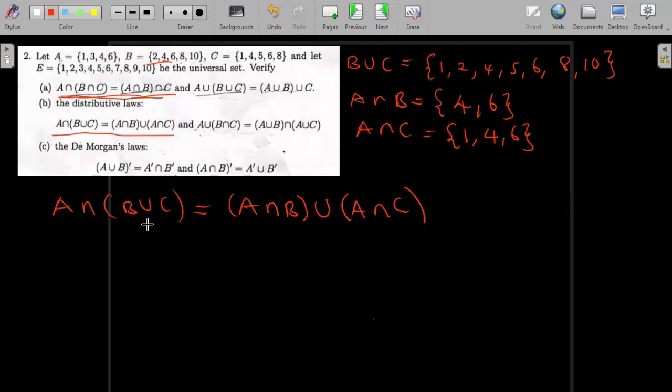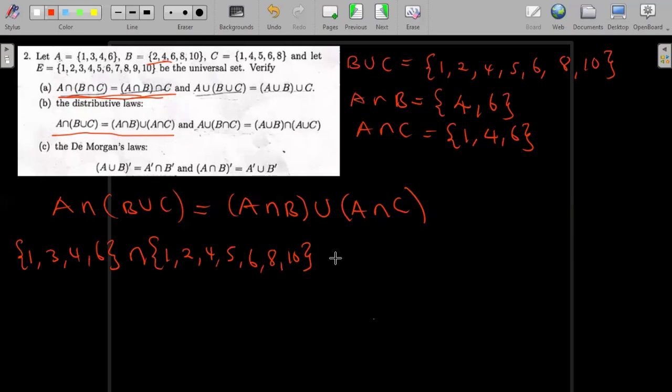So now I check. What is my set A? I write here set A is 1, 3, 4, and 6. Then intersection, my B union C. B union C is listed there as 1, 2, 4, 5, 6, 8, and 10.